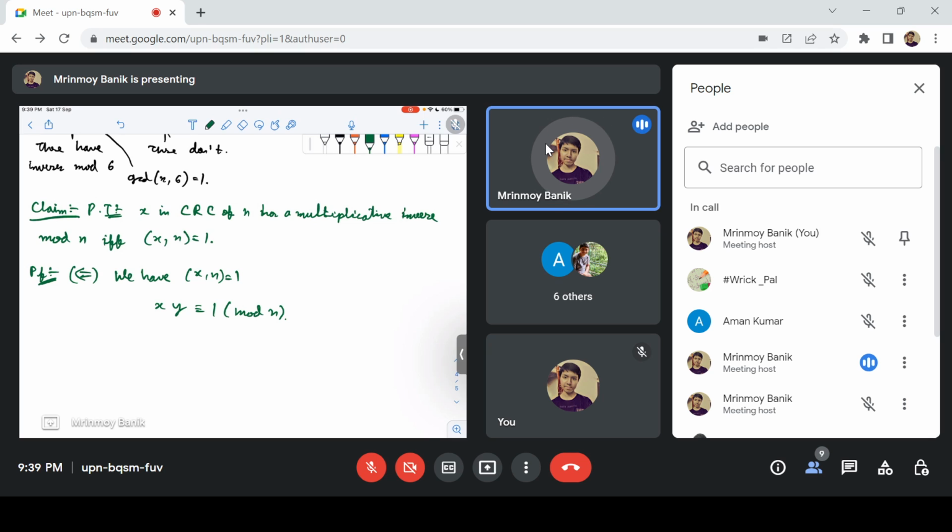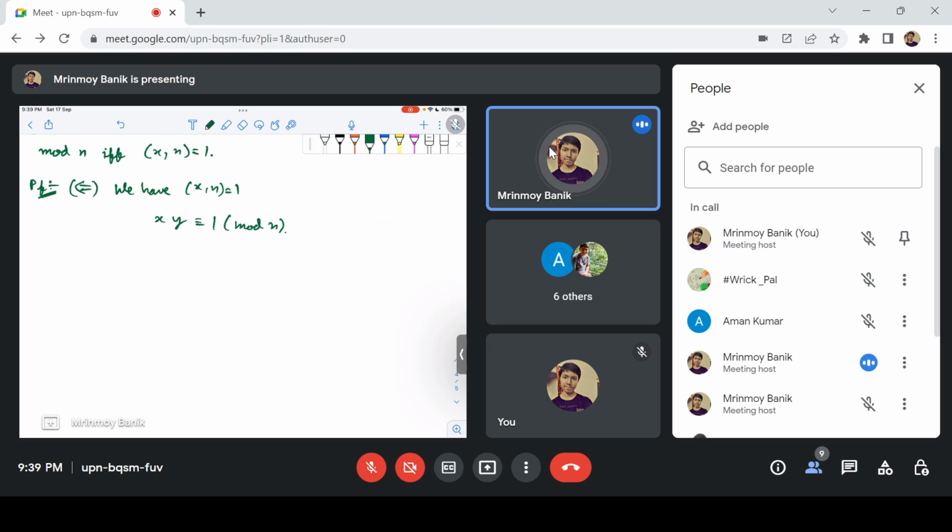Basically, this argument is the same as the Euler's theorem one. So we have to construct the reduced residue class of n. That will have all the numbers a1, a2 up till a phi n.